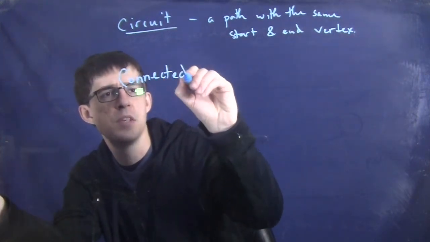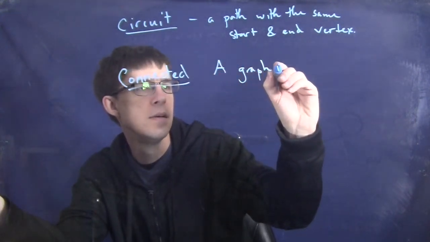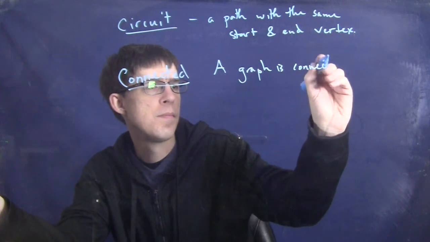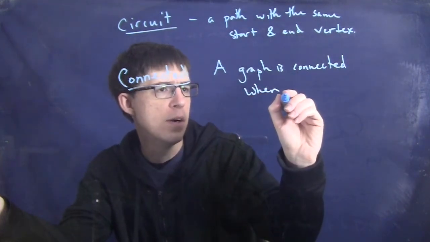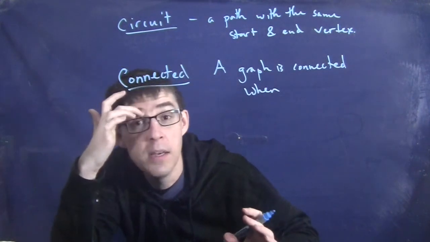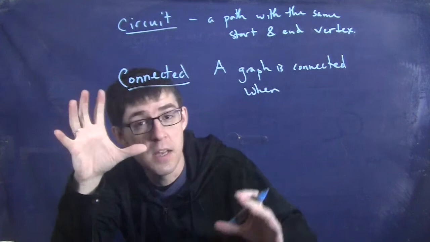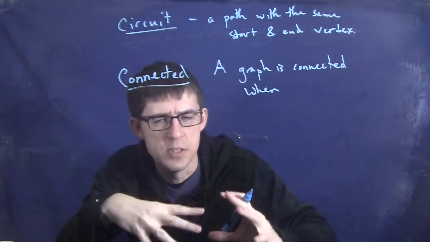The term is connected. So a graph is connected when, I'm going to fill in the blanks here, leave a little blank spot there. What it means in intuitive language is that when you consider the graph, it's all in one piece, like one chunk.